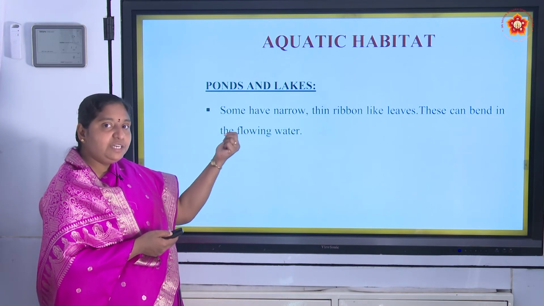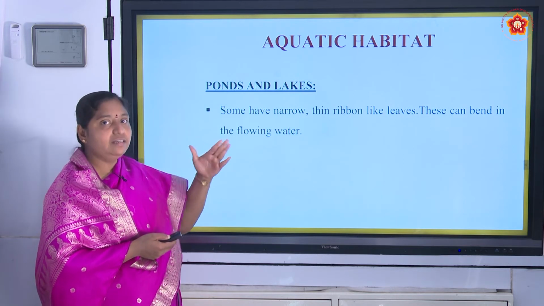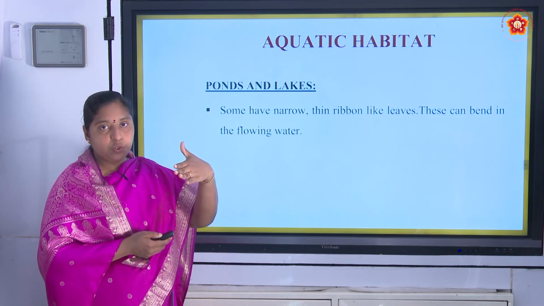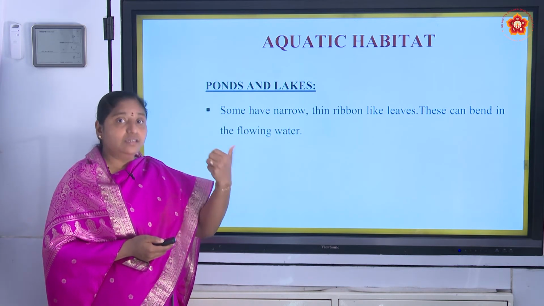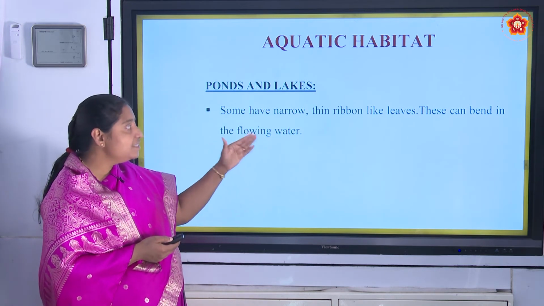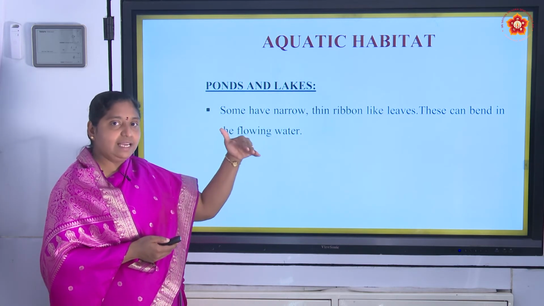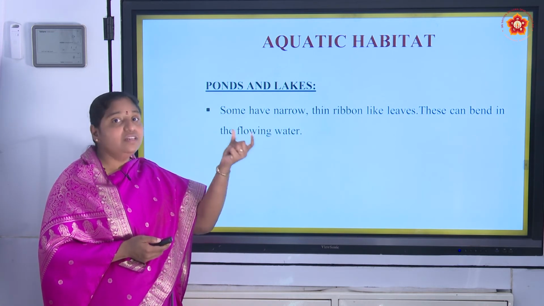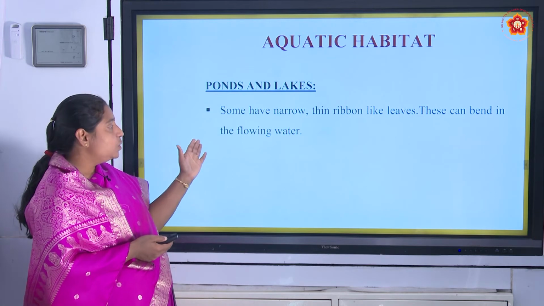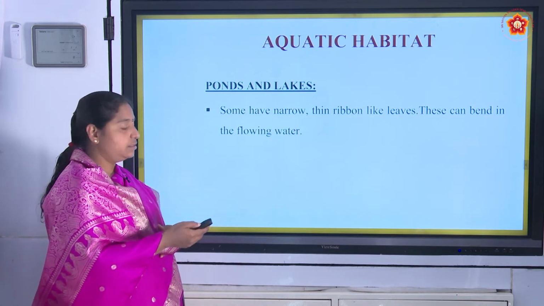Why they are adapted like this: if they are rigid, when the water currents pass through them, there are chances of breaking the leaves. So they are adapted with thin ribbon-like leaves, so that the water can pass in the gap between two leaves. So they can bend easily without breaking.